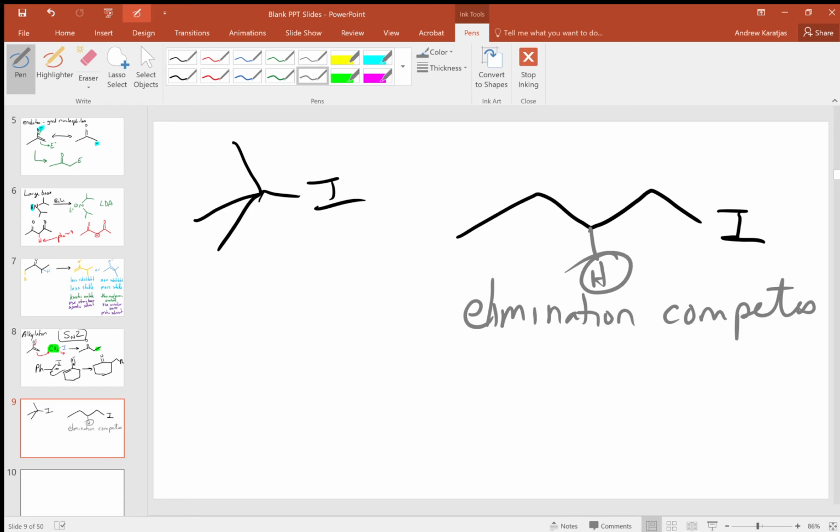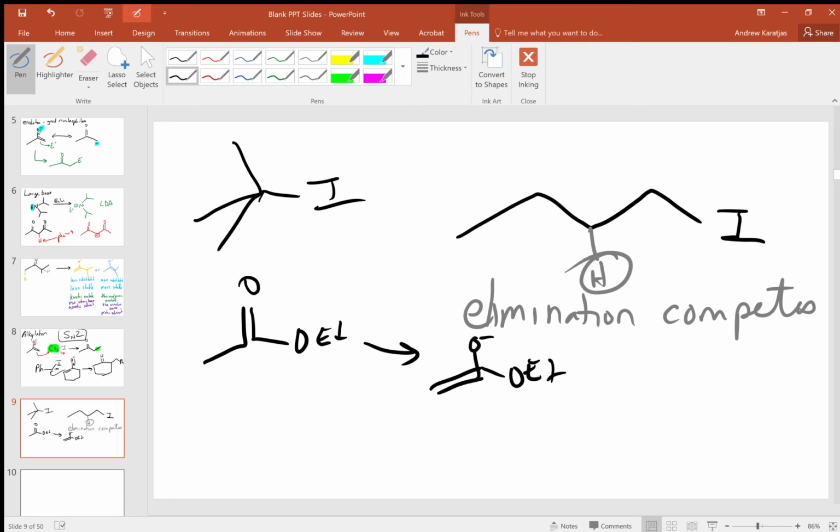So here we've used as an example a ketone to form our enolate for this reaction. You can use other carbonyls, you can use esters, because an ester will form an enolate in the same way. And then it can function as a nucleophile.